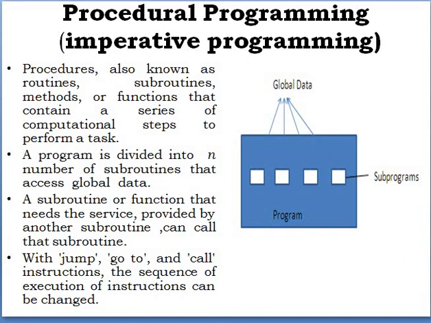A subroutine or a function that needs a service provided by another subroutine or function can call that subroutine. With jump, goto and call instructions, the sequence of execution of instructions in a program can be changed.